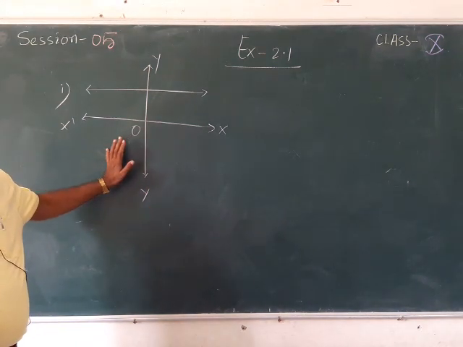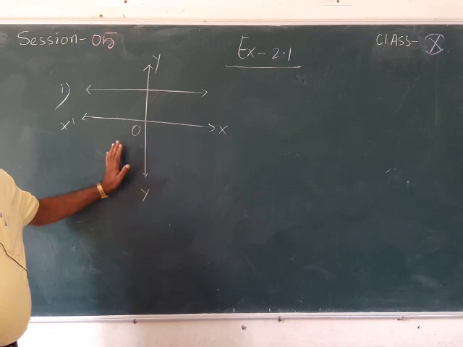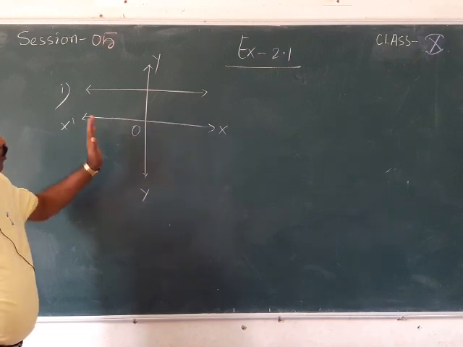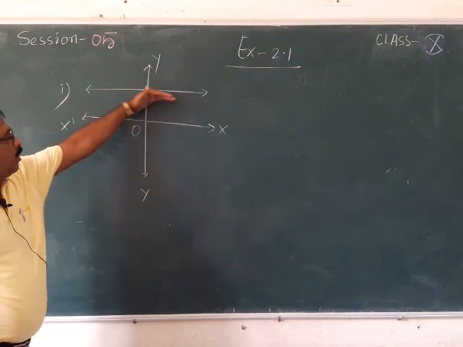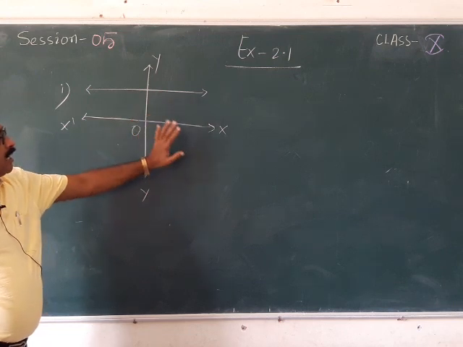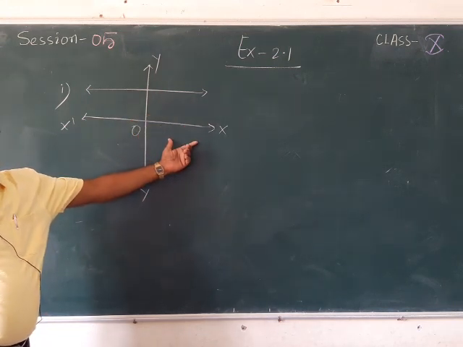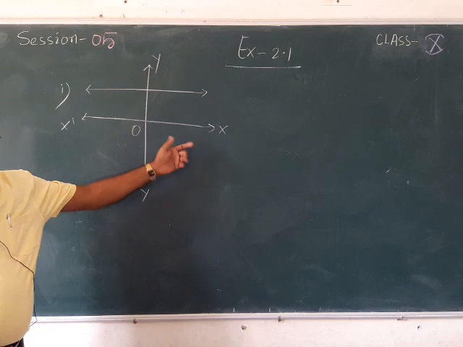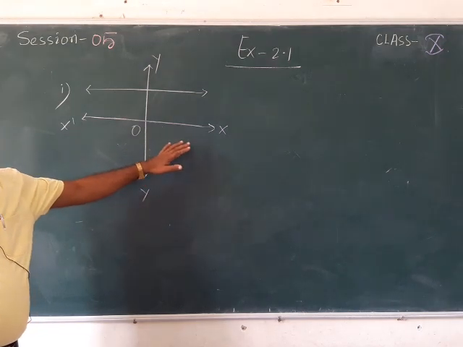So, here you can see this graph shows p(x) has no zero. Why? Because the line of the graph is not intersecting the x axis at any point, that means this polynomial is having no zero.